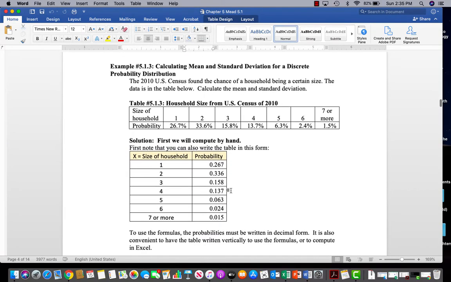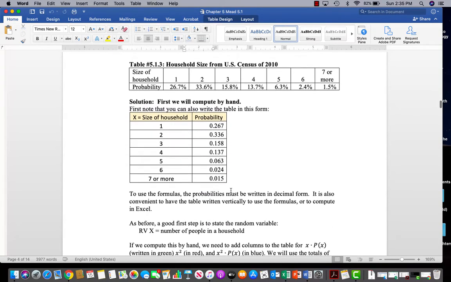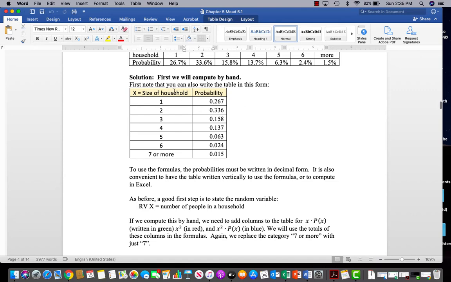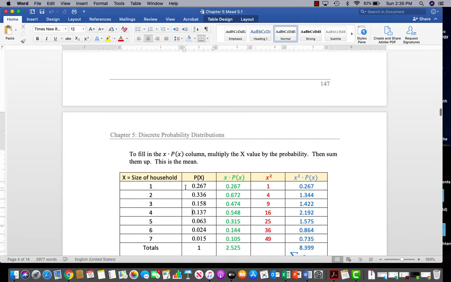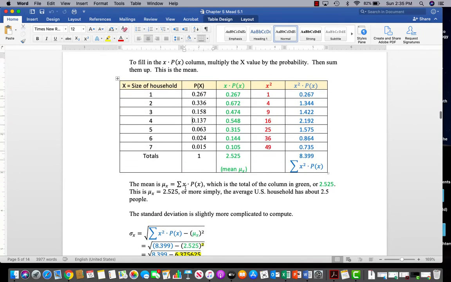So, same data: household size for the US Census from 2010. These are the same numbers we saw before, except I'm going to write them vertically. Here x is the size of the household, and here's the probability. I'm going to replace 7 or more with just the number 7. What we need is the sum of the x times p of x's.